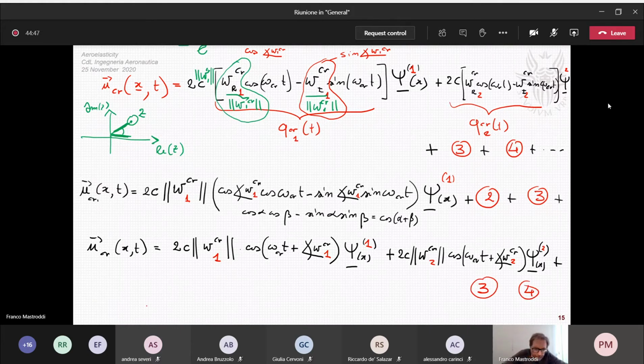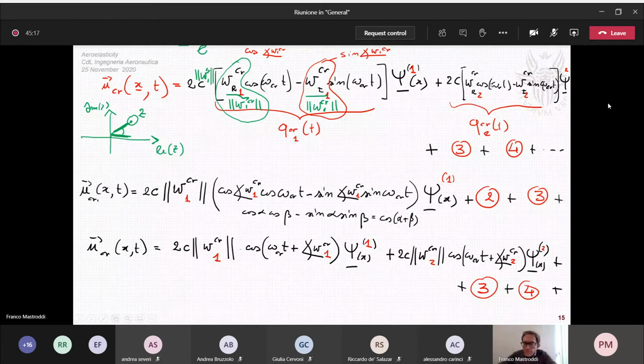And what is the end of this story? The end of the story gives us the capability to quantitatively define how the single structural modes are able to contribute in the flutter oscillation.